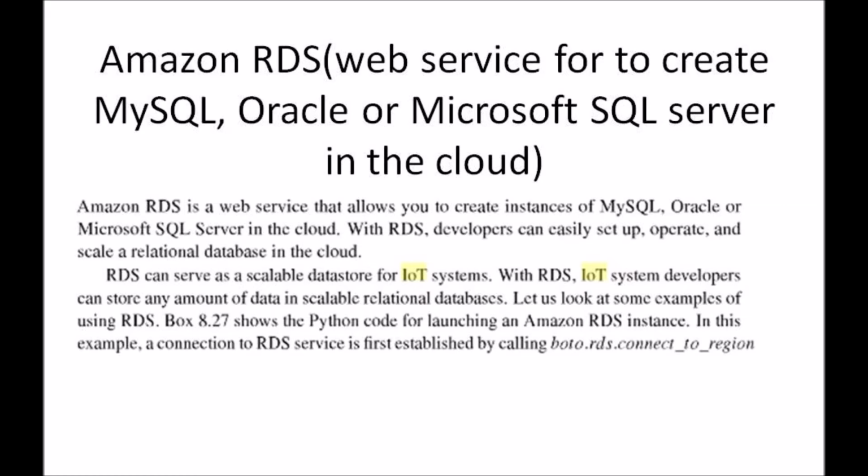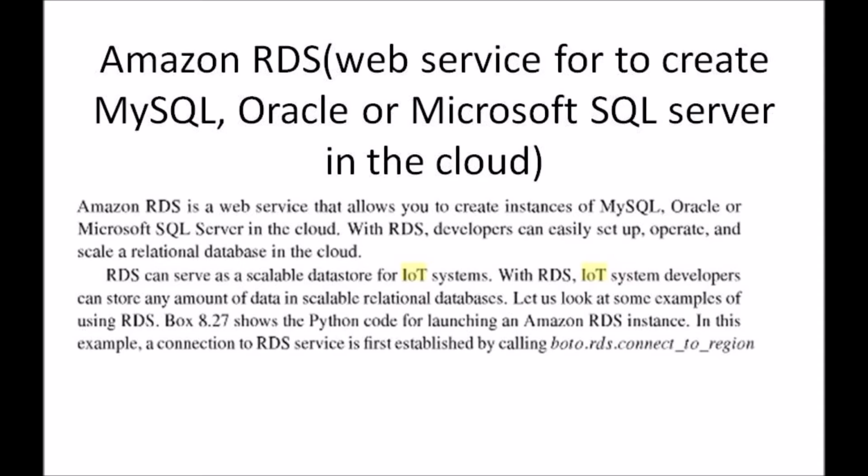It can serve as a scalable data store, which makes it very interesting. Whenever IoT system developers want to store a large amount of data, they can scale up or scale down accordingly. There are a lot of examples available which you can refer to.